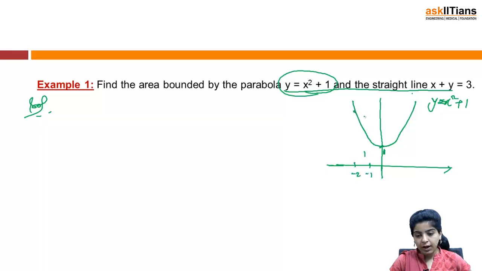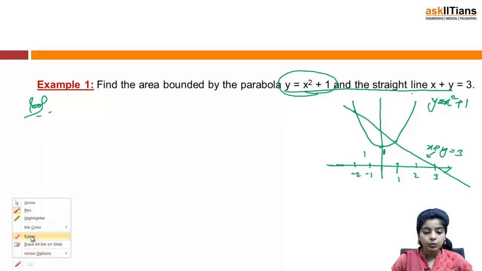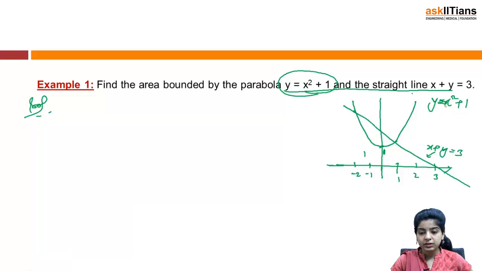From here I have a straight line, this is 1, this is 2, this is 3. So this is our straight line x plus y equal to 3. So find the area bounded by the parabola y equal to x square plus 1 and the straight line x plus y equal to 3. So basically you have to find out this area.